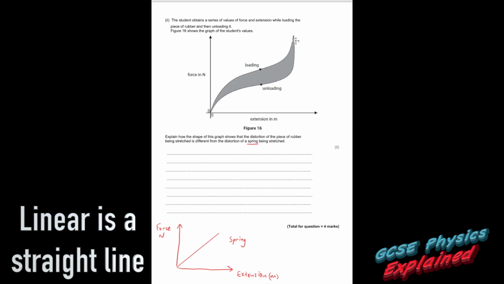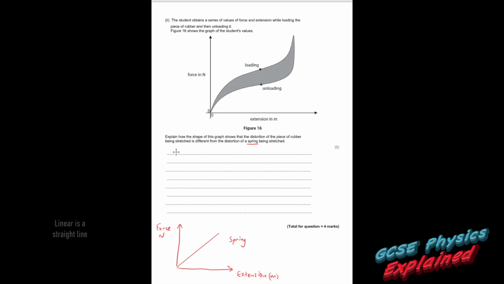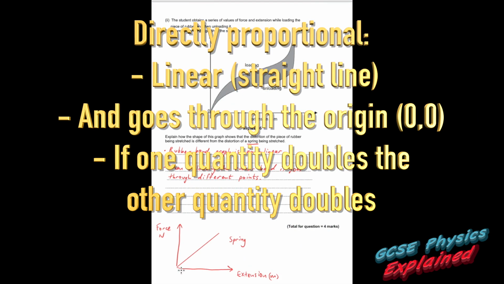And as it gets unloaded, it doesn't come down the same route. So let's just write that down. You could also say that the rubber band is not directly proportional, unlike the spring, which is, because the spring is linear and it goes through the origin, which is 0, 0.